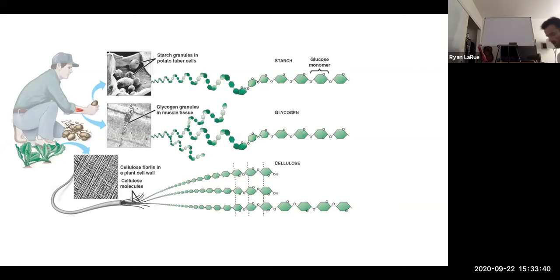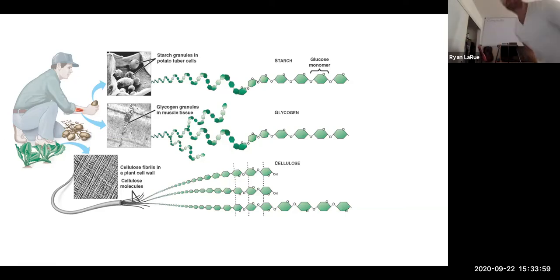Polysaccharides. So you can already see here that these are much larger, right? Like from a few hundred to a few thousand monosaccharides strung together by covalent bonds.